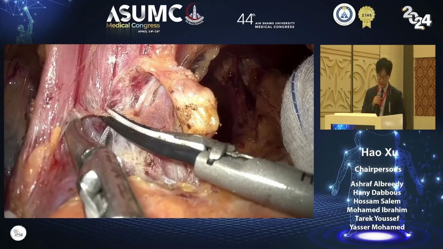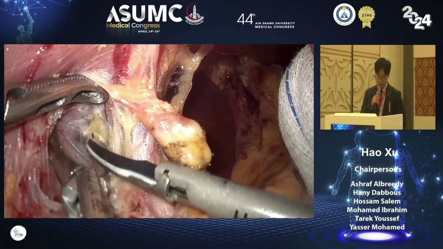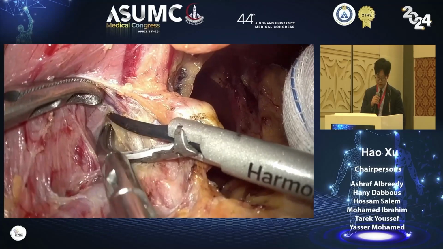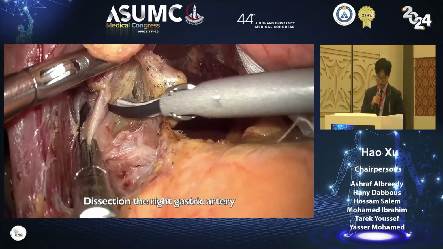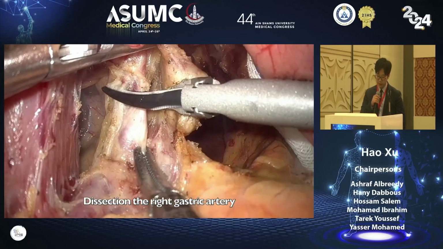Then we try to dissect the tissues just around the superior pyloric area, because after doing this, it is easy to find out the right gastric vessels.